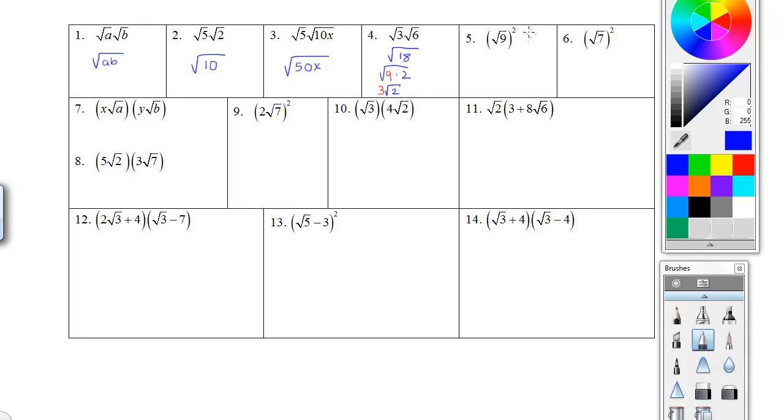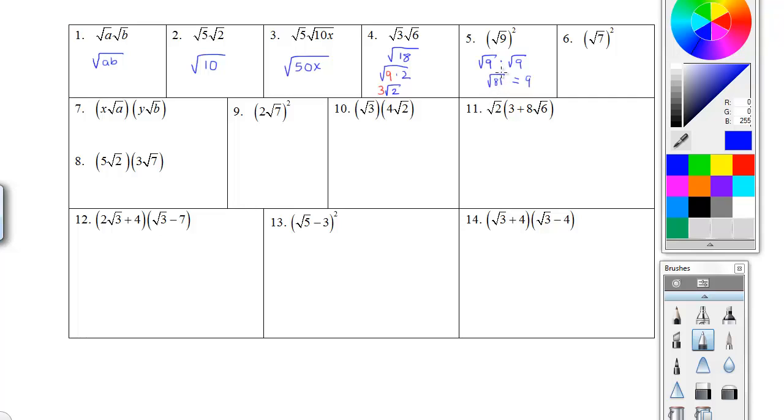Alright, so the next one here, we get the square root of 9 times the square root of 9. That's what the squared means. And the square root of 9 times the square root of 9, you have two choices here. You could rewrite this as the square root of 81, which will simplify just to 9.